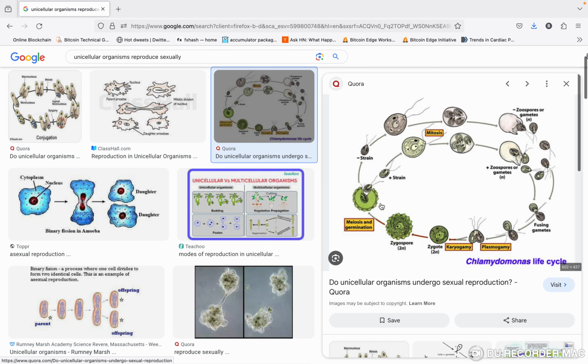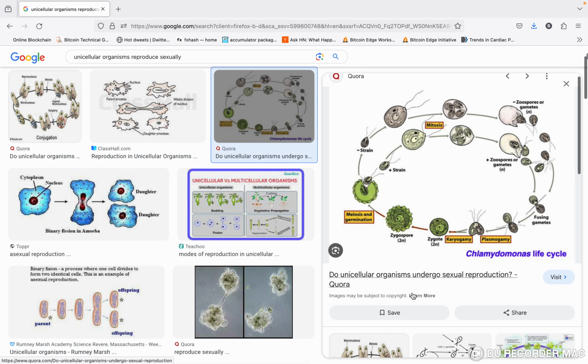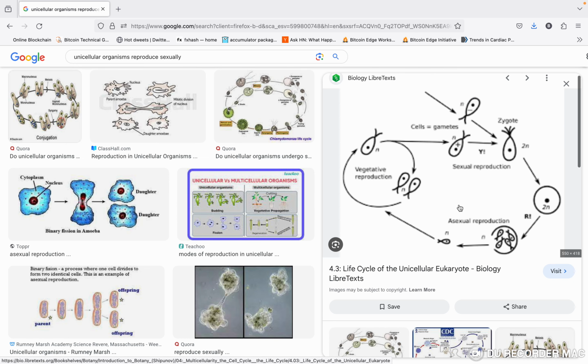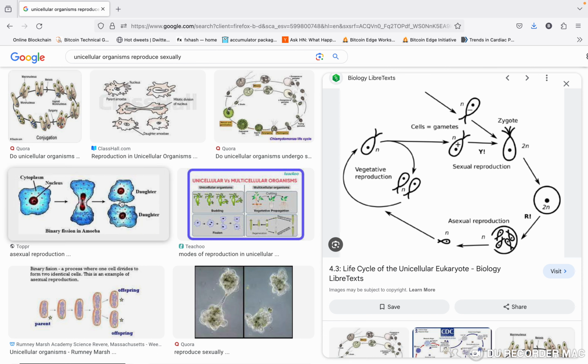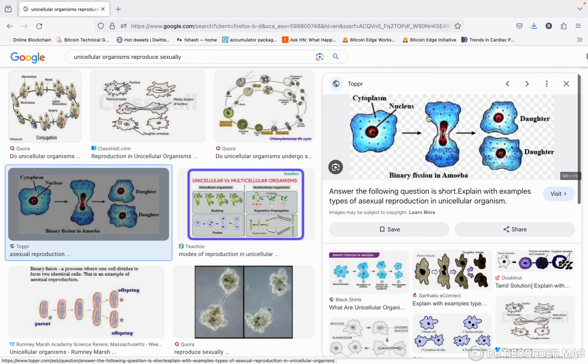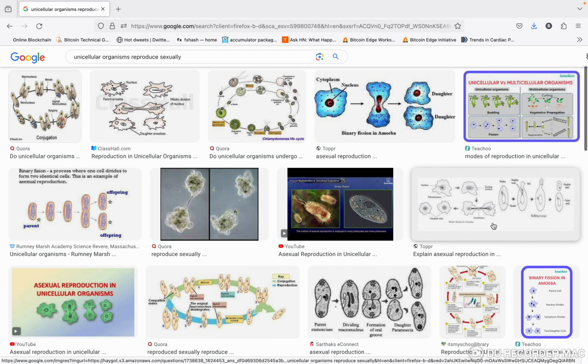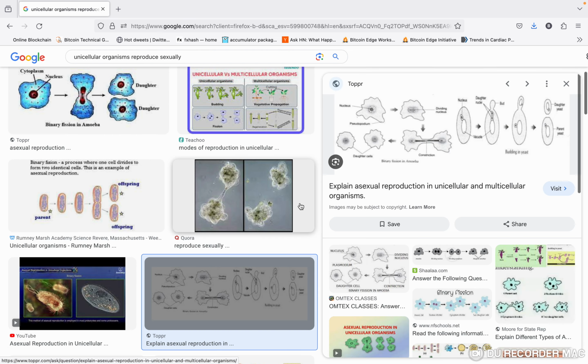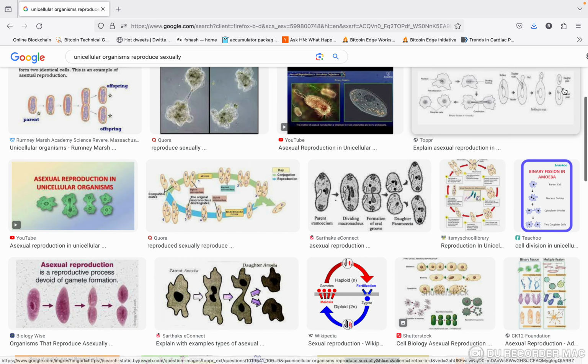Chlamydomonas life cycle. Chlamydomonas does sexual reproduction and it is unicellular, a unicellular eukaryote. I've read in class 11-12 biology somewhere that there are some organisms that do both sexual and asexual reproduction.